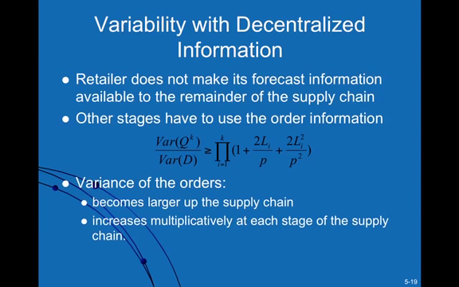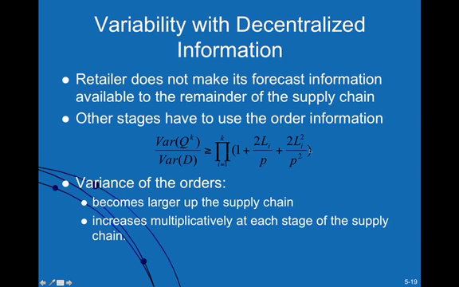If we have decentralized information, however, that means the retailers don't share any information. It turns out that the relationship is actually multiplicative, so the variability is compounded at each stage, multiplied as opposed to added. This symbol right here means that we're multiplying.